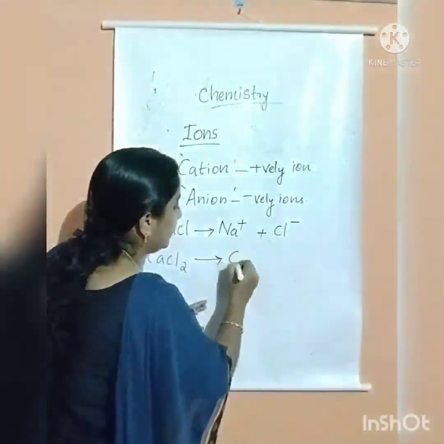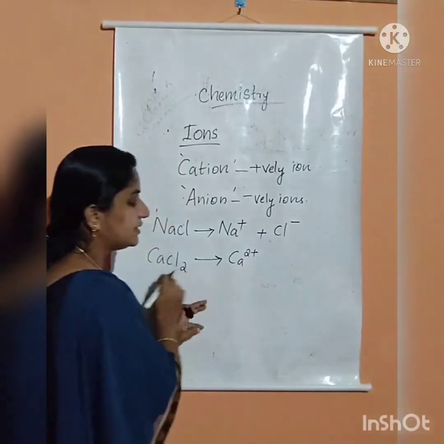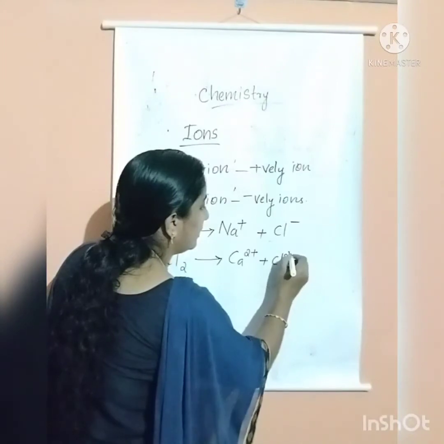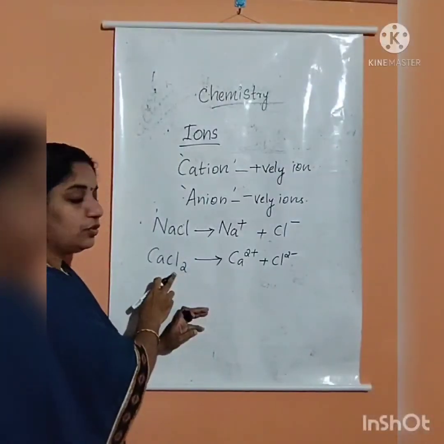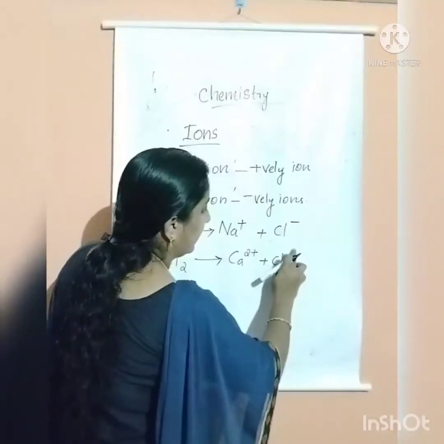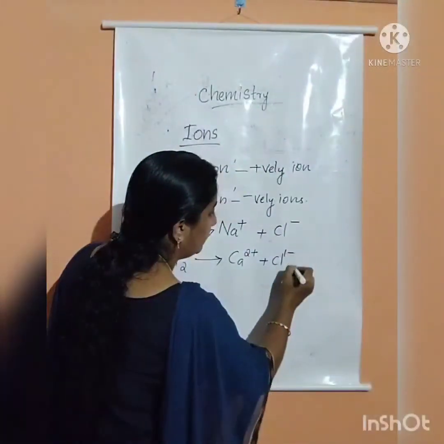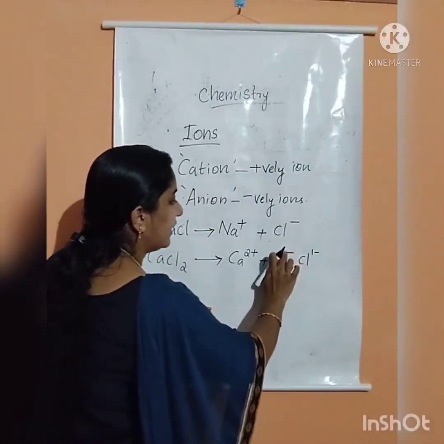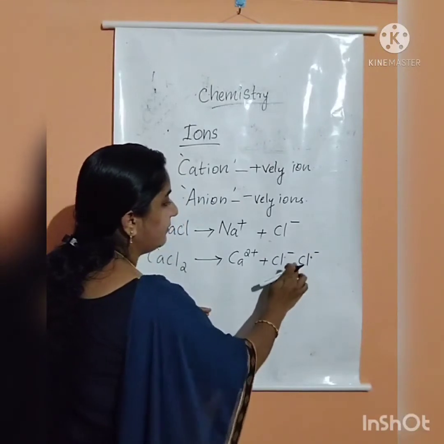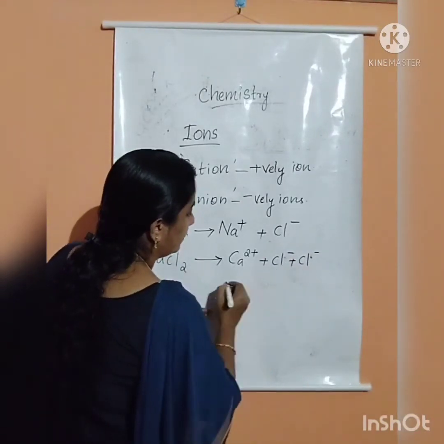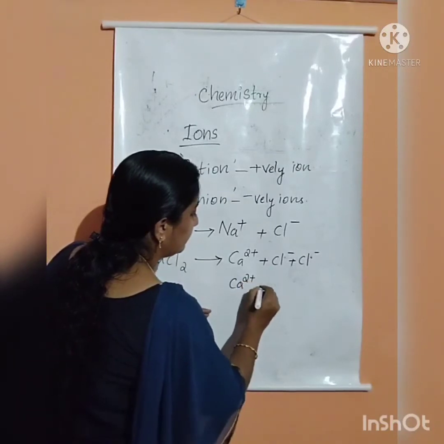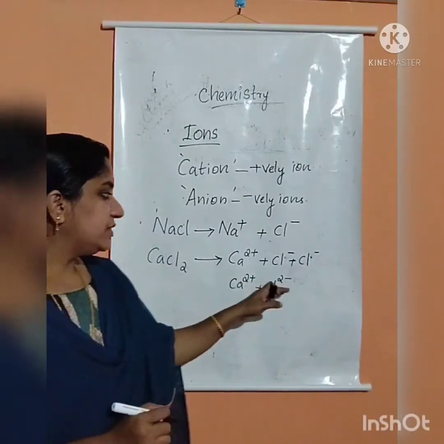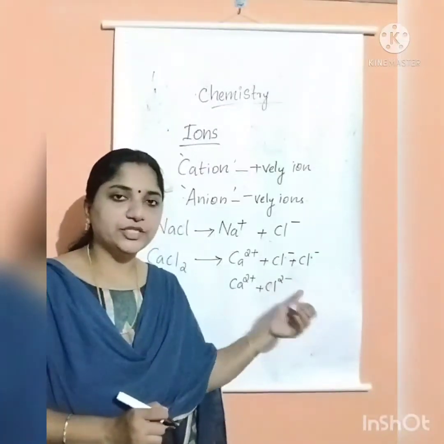So Ca2+, that is the charge of calcium, then Cl-, because here there are 2 chlorine atoms, each with a 1 minus charge.